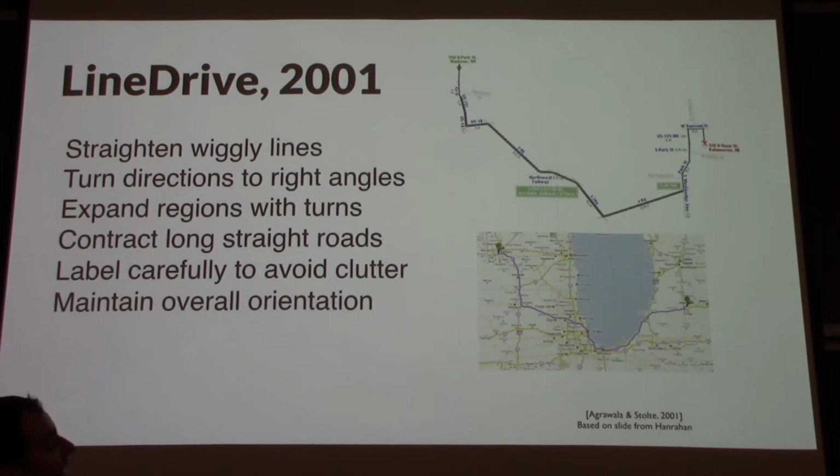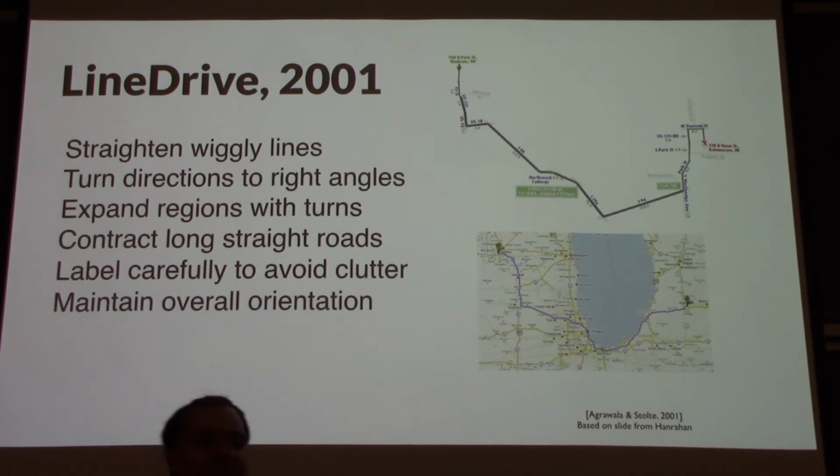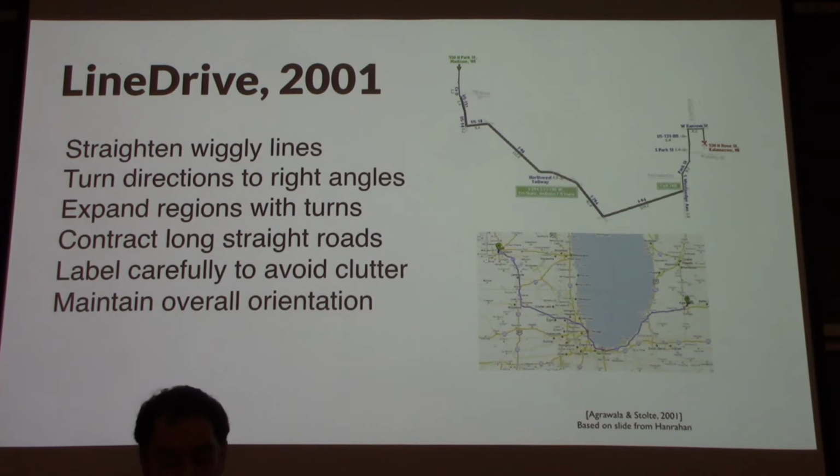Instead of showing you the actual map, they simplified it and zoomed into the important regions, and they emphasized the things where you have to make decisions when you drive. The lines here are of course not straight, but it's not important to keep the context of how the highway winds across a river or something like that. This is also about careful labeling and maintaining an overall orientation.